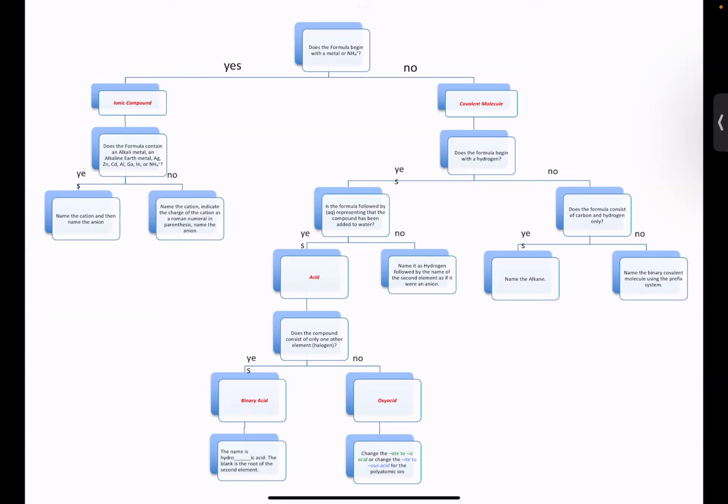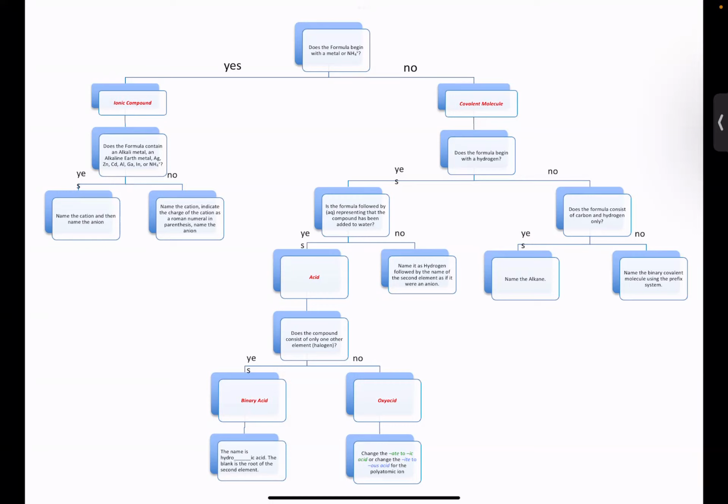Now, up here, when you said, is the first element listed a metal or ammonium? If you say no, that means it's going to be a covalent molecule. Then it says, does it begin with hydrogen? If it begins with hydrogen, you've got another set of questions, and that is, does it end in aqueous?